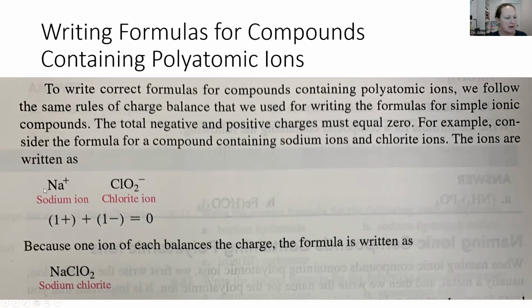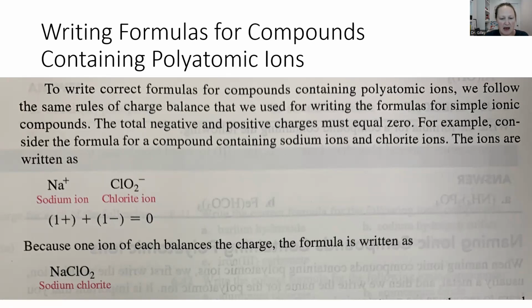So let's consider the formula for a compound containing sodium ions and chlorite ions. We know the formula for sodium ions is Na+, and we can look up chlorite and find that it's ClO2 minus. So the charge balance is simple here because +1 will balance out -1 for a net 0 charge, because only one ion is needed of each.